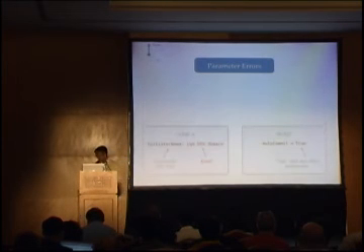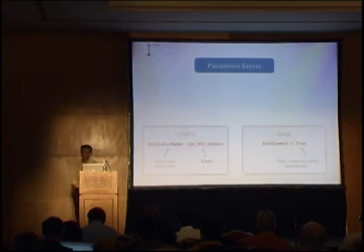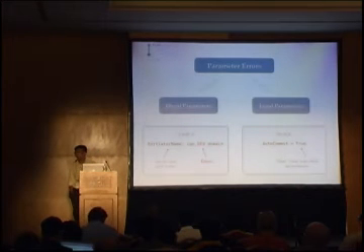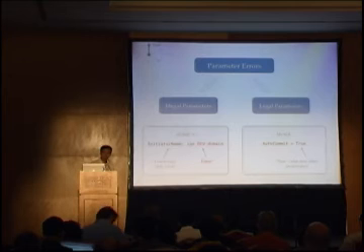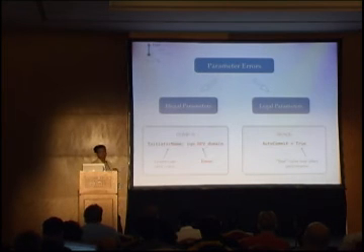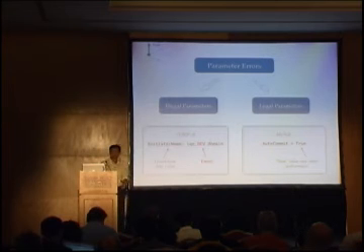Based on this observation, we categorize parameter errors into two major types: illegal parameters and legal parameters. Note that legal parameters does not mean correct parameters. It just means the parameter is acceptable by the system.